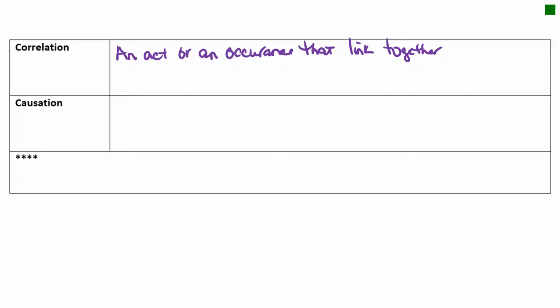We have something more specific, which is called a causation. What a causation is, it is a correlation, because they're all correlations, okay? It's a correlation that indicates that one event is the result of another event. I wish I could write neater on this thing.